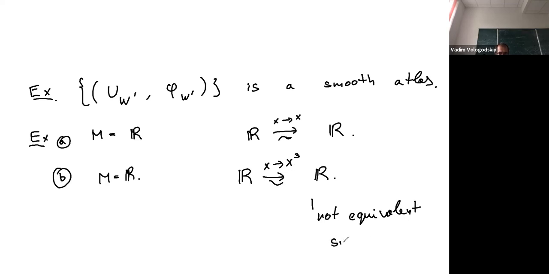Well, though this structure is obviously not equivalent to the standard one, R equipped with the first smooth structure is diffeomorphic to R equipped with the second smooth structure. And the diffeomorphism is given by the map that takes x to x cubed, tautological. So this does not, in a sense, give me a new smooth manifold.